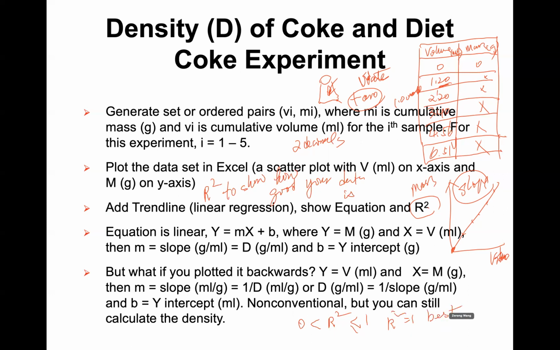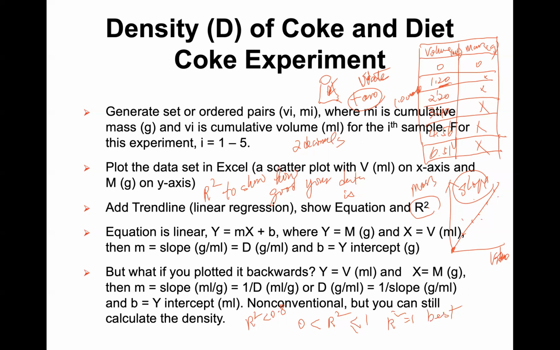From here you can see the smaller the number, or the closer to 0, the worse your data is. If R square is less than 0.8, you can see your data is very scattered, right? So this is how we do the linear regression.